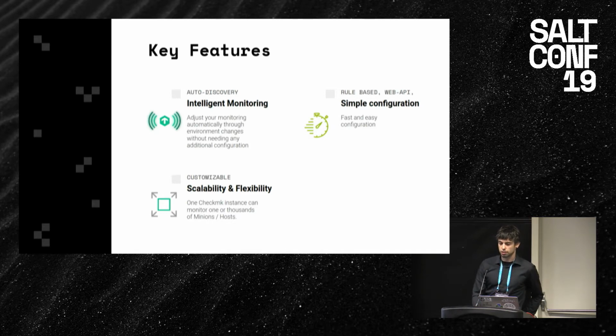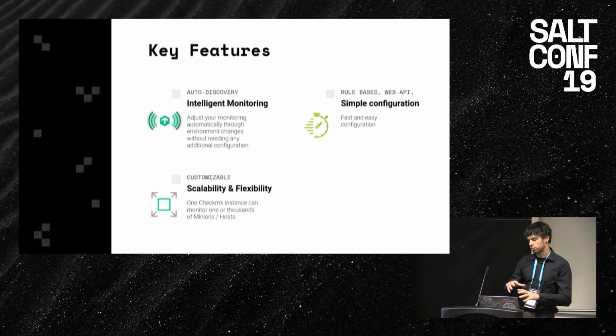It's simple to configure. You can use a web API or manage it directly over WATO, the web administration tool. And it really scales, from very small environments to large enterprise environments.